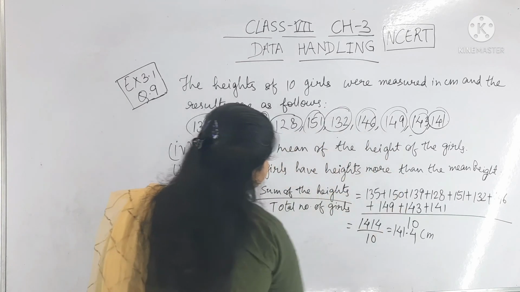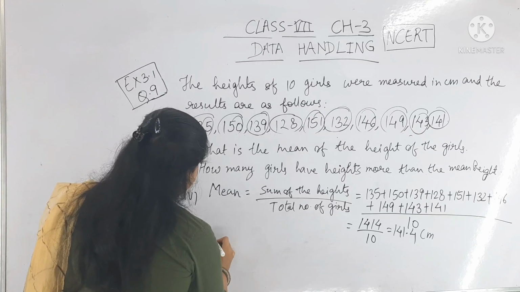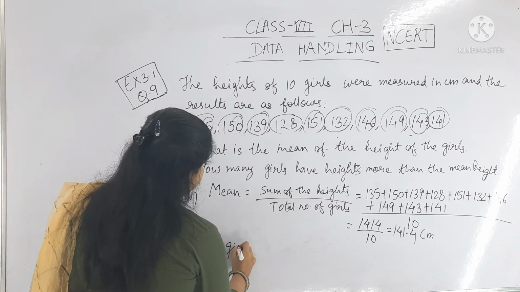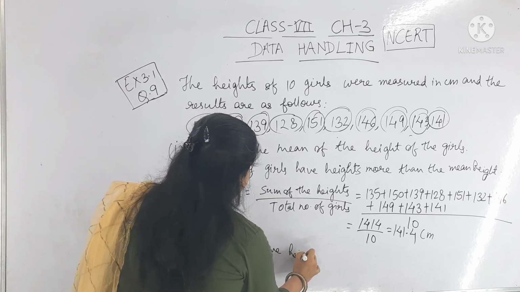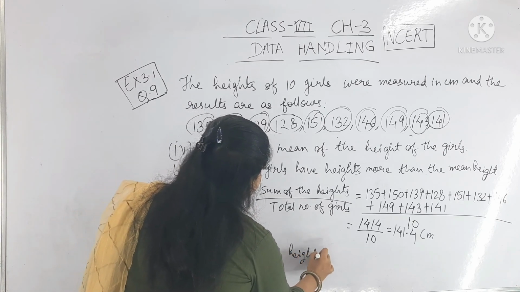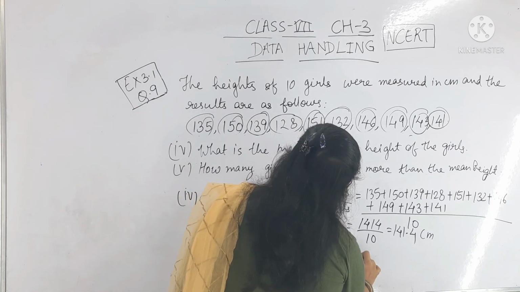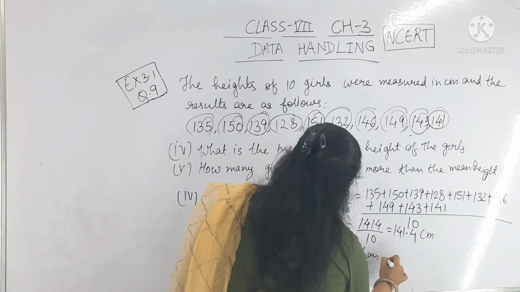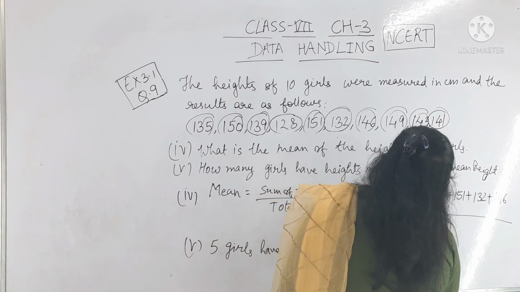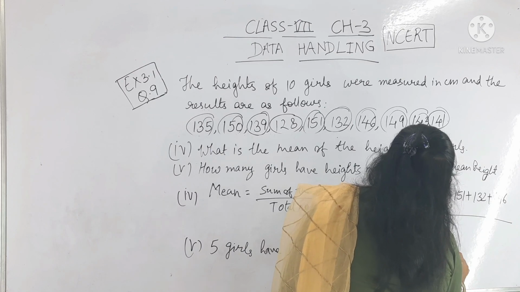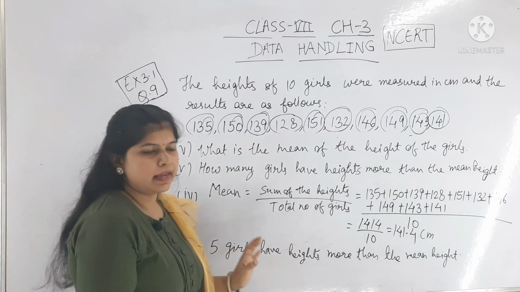These are greater. So here you can see that 5 girls have heights more than the mean height. Okay, so this is your solution for question number 9.